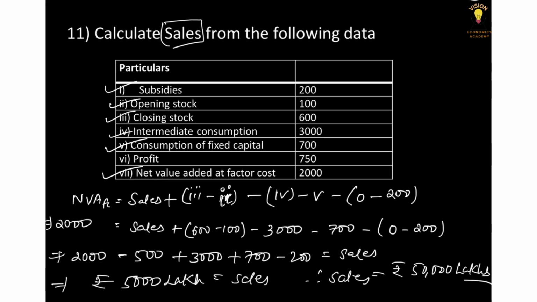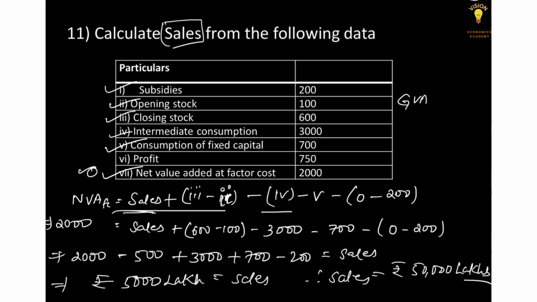All right. Did you understand what is different over here? The net value added at factor cost has already been given. The only thing that we have to find is sales, and we put in the formula and the values that were given, and by simple arithmetic calculations we have just derived the value of sales. So NVAFC equals sales plus change in stock gives us value of output, minus intermediate consumption gives us value added, that is GVAMP.